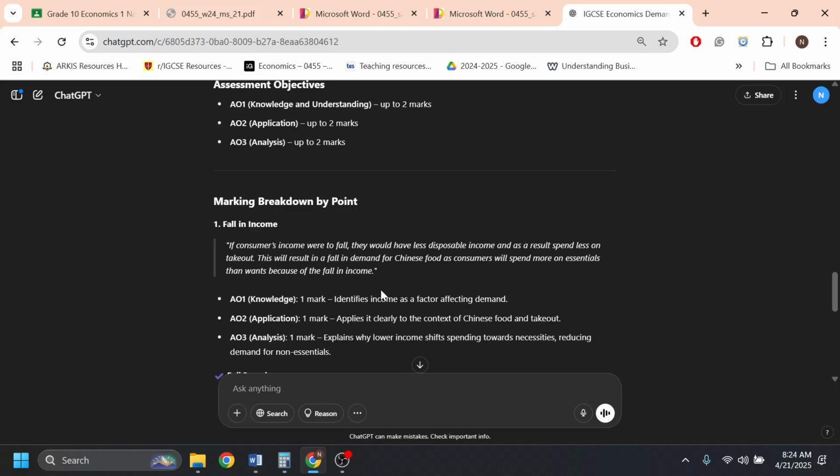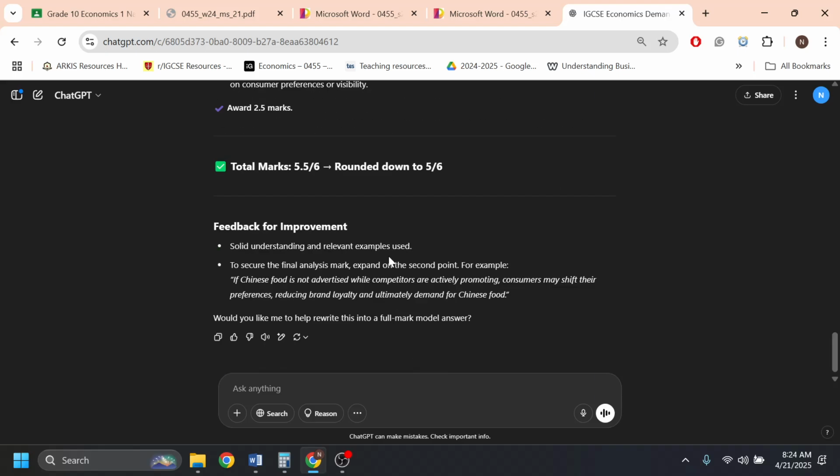We have to be honest with ourselves in terms of our answers so that we can improve our technique for the actual exam, so that we're best prepared for it.